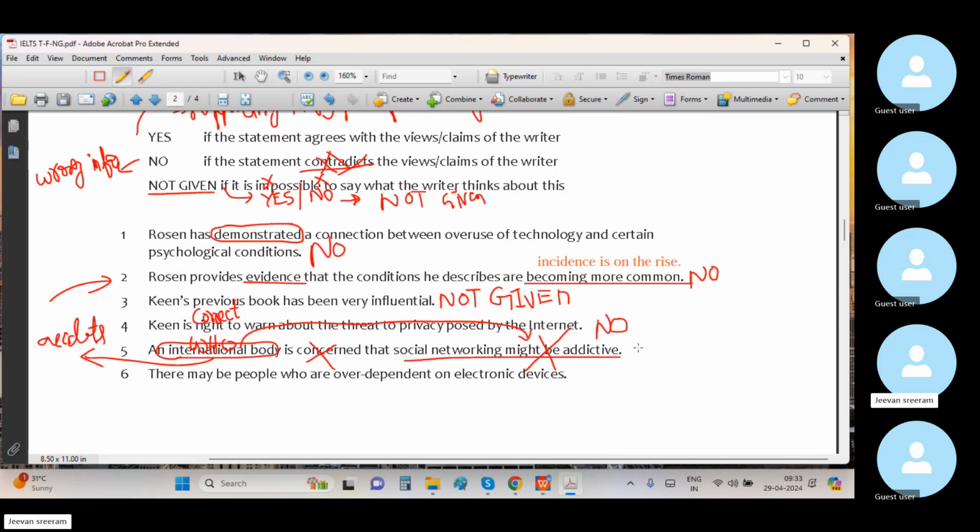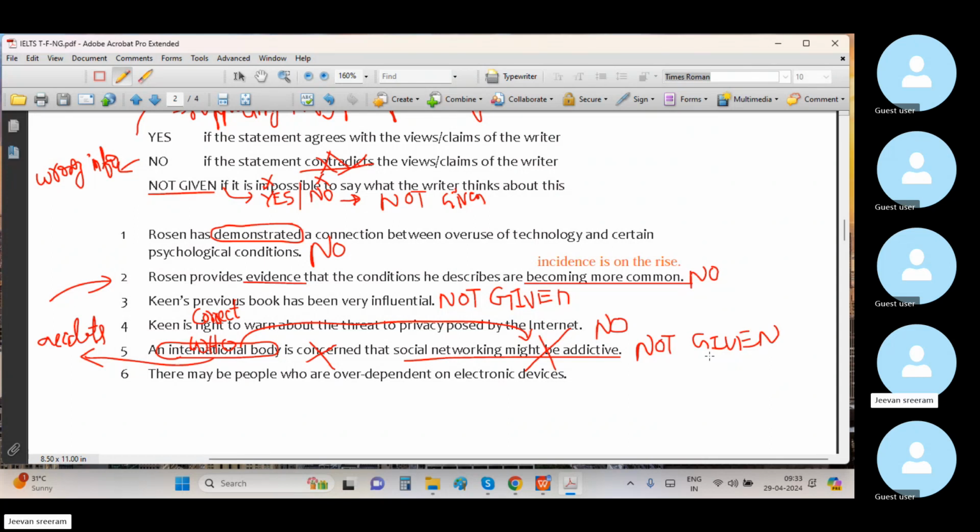All were wrong. It was not given actually. You can't say anything about this. Has the international body expressed concern that social networking might be addictive? No. The author has just mentioned the data presented by WHO.